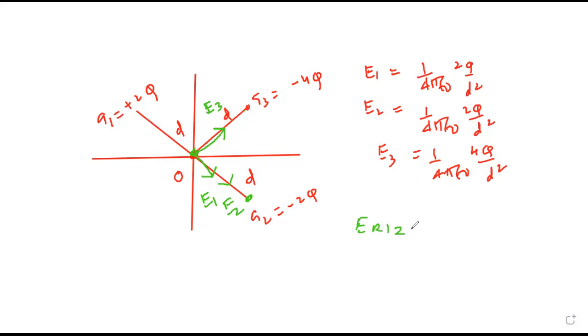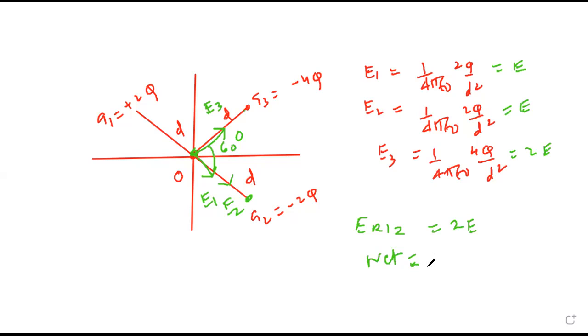So resultant of 1 and 2, if I call this E, this is E, this is double. What is the resultant of 1 and 2? It is 2E. What is the angle between them? It is 60. Angle is 60 between E3 and resultant of E1, E2.